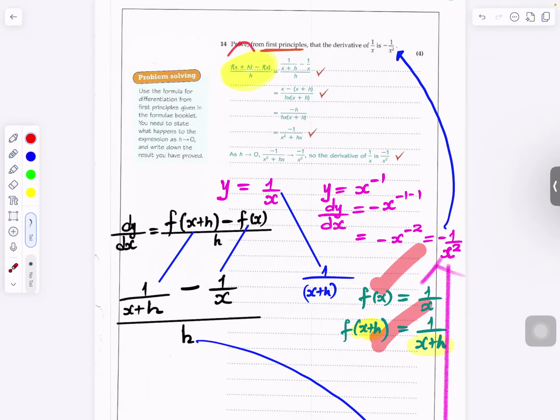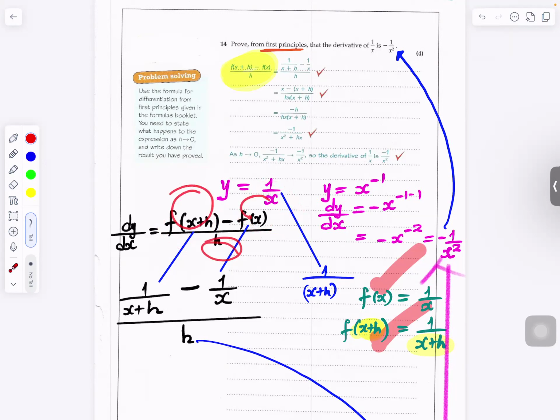Now I write the formula. First thing, you get from formula book. The next thing, you write what f of x is, which is given in the question. Now you replace x with x plus h. h for hotel, x plus h. So that you will get the new expression, 1 over x plus h. Put the new expression minus the old one divided by h.